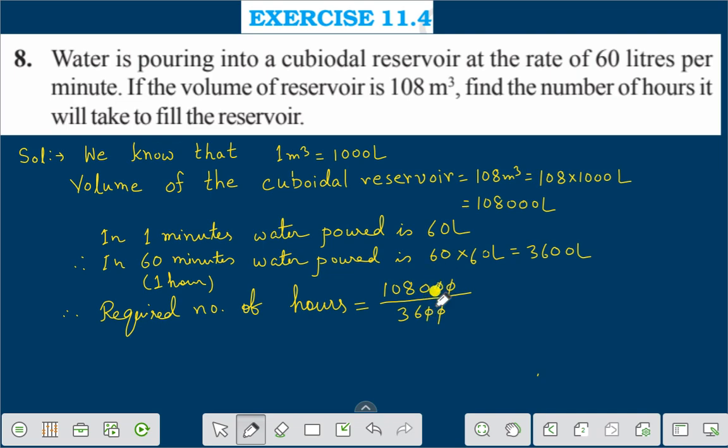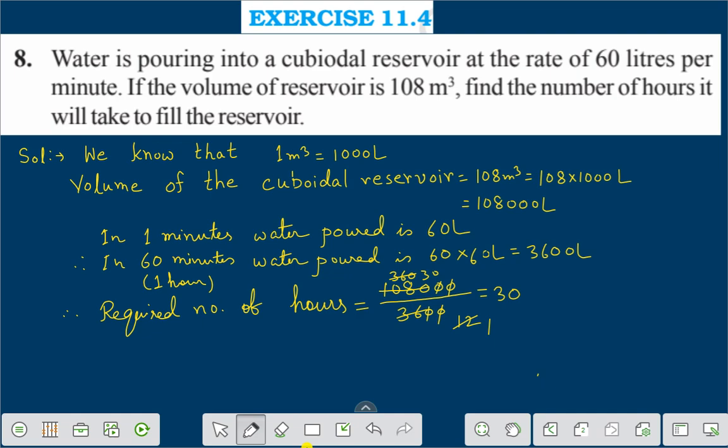Then 36 into 108,000. If we divide it by 3: 3 3s are 9, 18, 6 is 18, 0, 12, 1 is 12, 3 2s are 6, 0. That is equal to 30 hours. The required number of hours is 30.